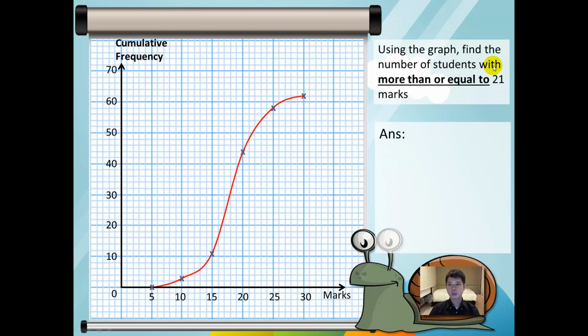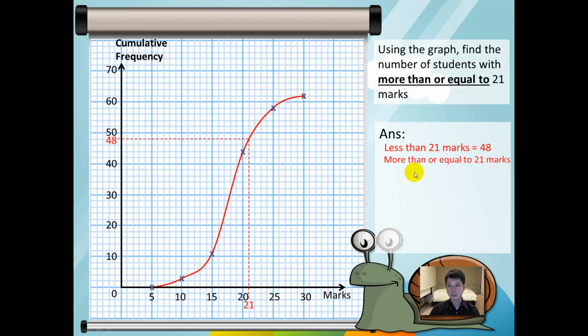Using the graph, find the number of students with more than or equals to 21 marks. Is the answer 48? Definitely not, because 48 represents the number of students with less than 21 marks. Again, do remember that these values here all represent less than.